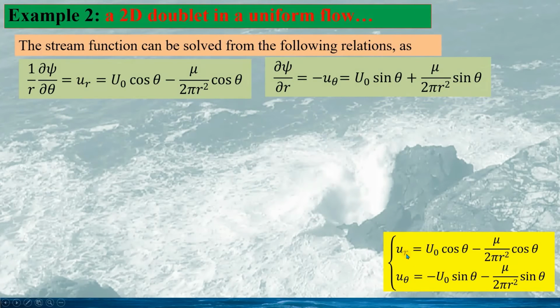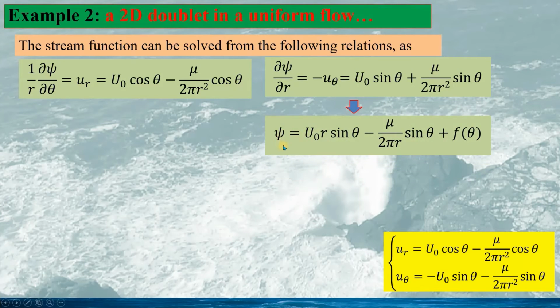Now based on the velocity components U_r and U theta, we can build the partial differential equations for the stream function psi, given as this and this. From this equation, we can obtain the expression for the stream function psi, given as this.